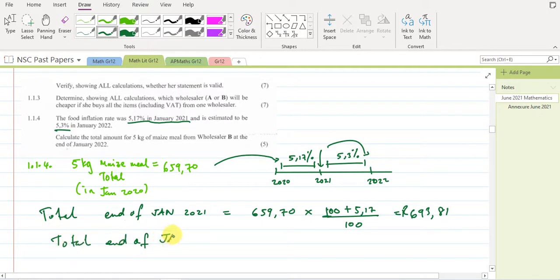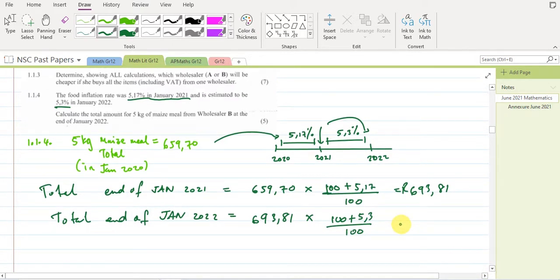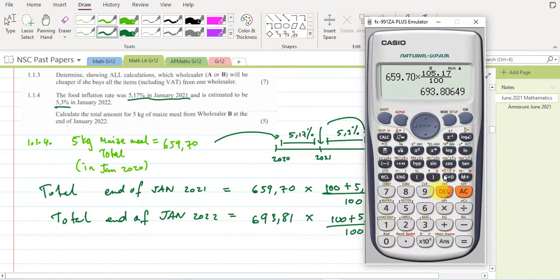So what's the total end of Jan 2022? That answer is now equal to 693.81 times 100 plus 5.3 over 100, 5.3%. Right, so you're saying 105.3.